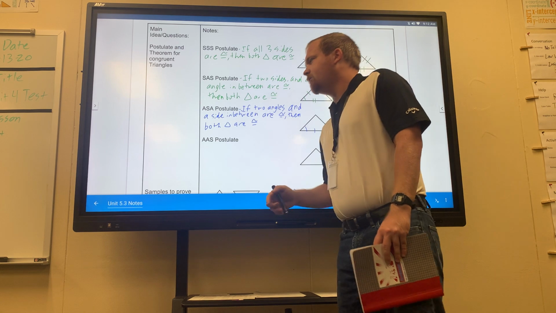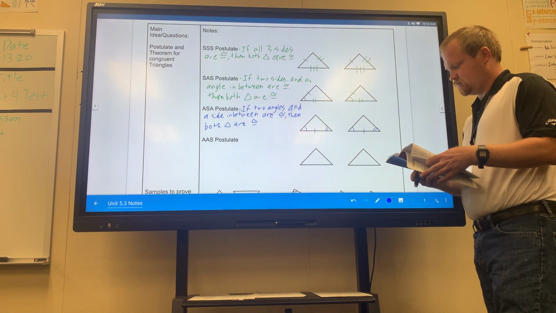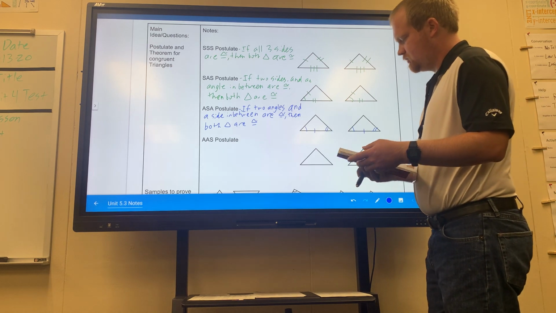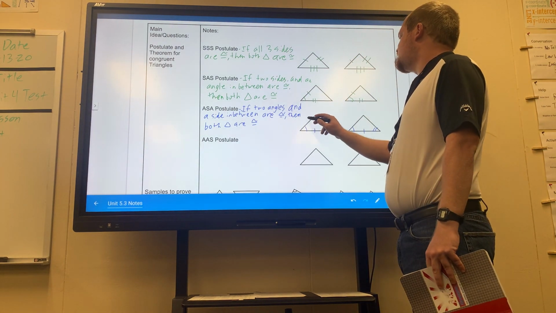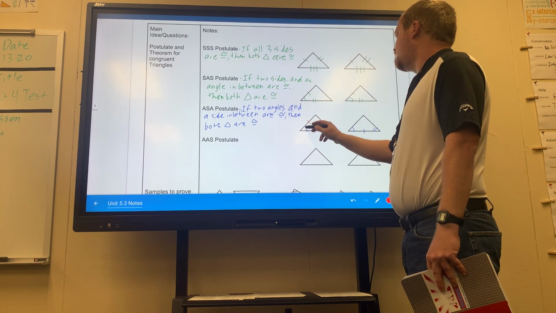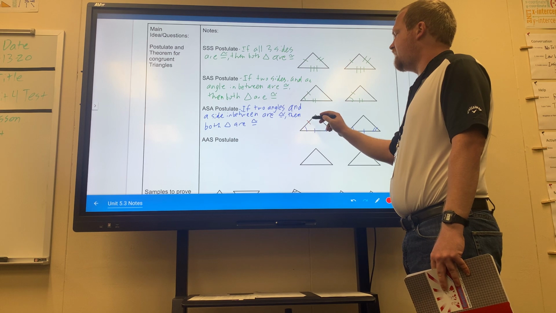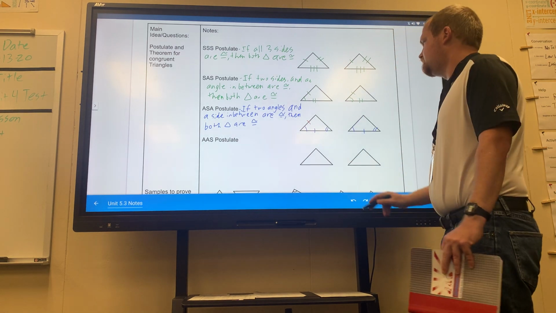That's very important. Okay? So again, it can't just be a side here and then angle, angle. It has to be angle, side, angle in that particular order.